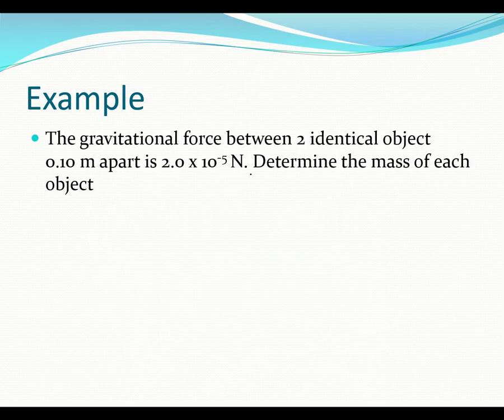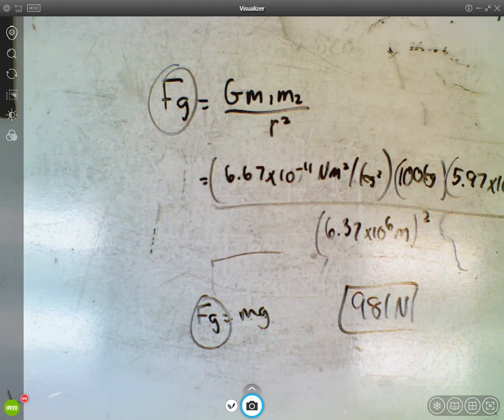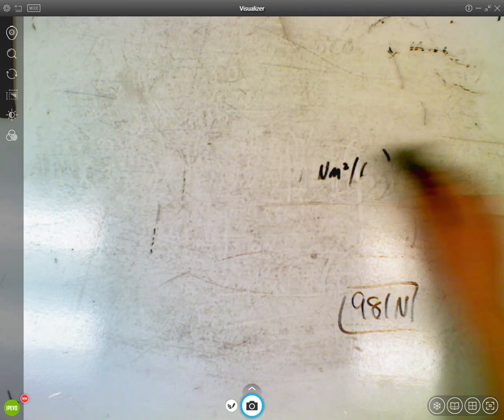So calculate the gravitational force between two identical objects 0.1 meters apart, and that's their force between them. Determine, or not calculate, but that is the gravitational force. Determine the mass of each object. Okay, so I added this because this confuses people.